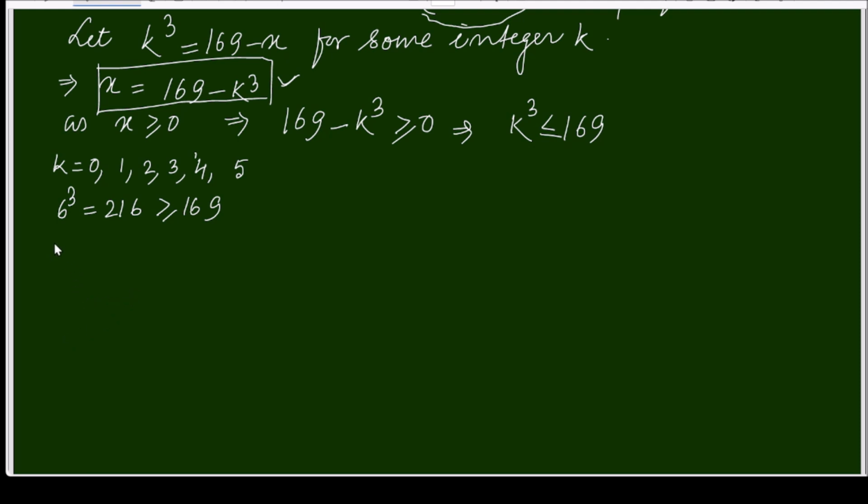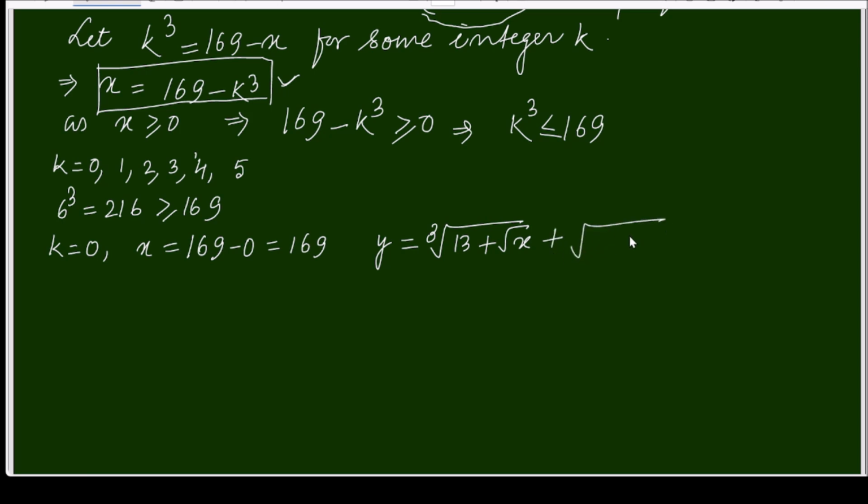So first I am taking k equal to 0. Then x equals 169 minus 0 cube, that is 169. That time y equals cube root of 13 plus square root of x plus cube root of 13 minus square root of x, and square root of 169 is 13, so 13 plus 13, 13 minus 13.